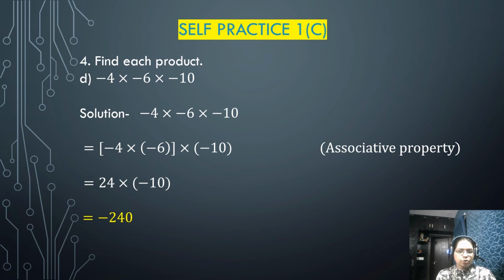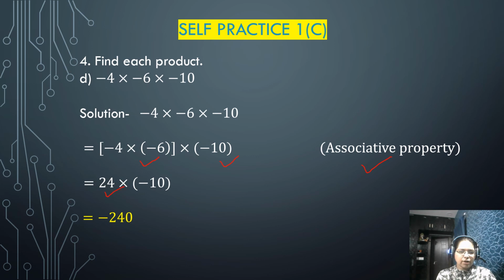Now D, minus 4 multiplied with minus 6 multiplied with minus 10. First we multiply minus 4 with minus 6, then we multiply the product with minus 10, and this is the associative property of integers. Minus 4 multiplied with minus 6 we get 24.